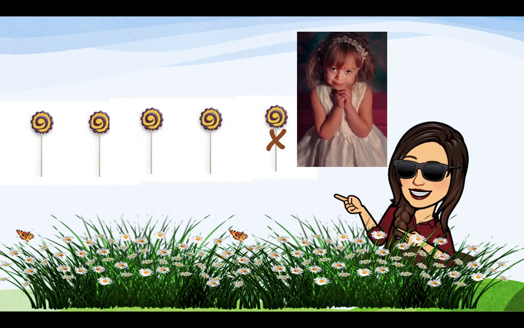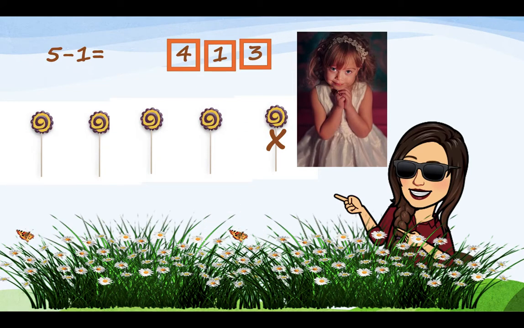Can you guess how many lollipops are left out there? I'm going to give you 3 choices. Guess the right one. 5 minus 1 is, well done. So there are 4 lollipops left out.